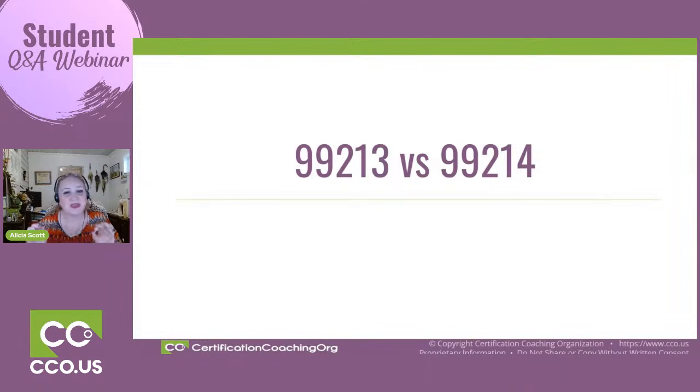However, where we get into a little bit of heavier thinking, where it gets a little more complex, is when you start looking at that middle ground. What's the difference between that level 3 and the level 4? They're so similar sometimes.